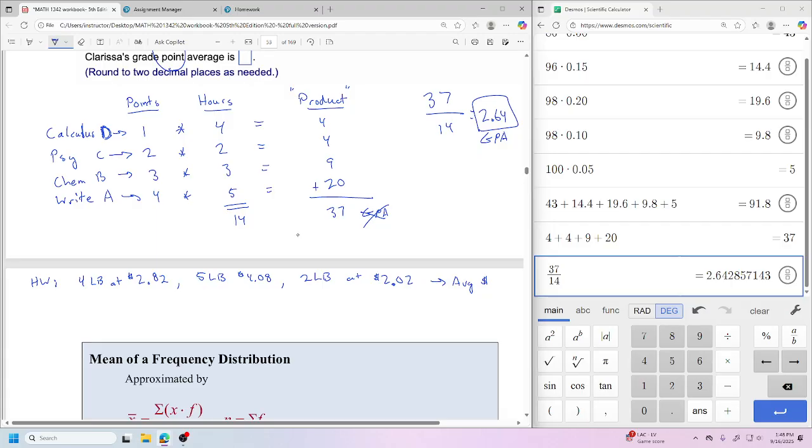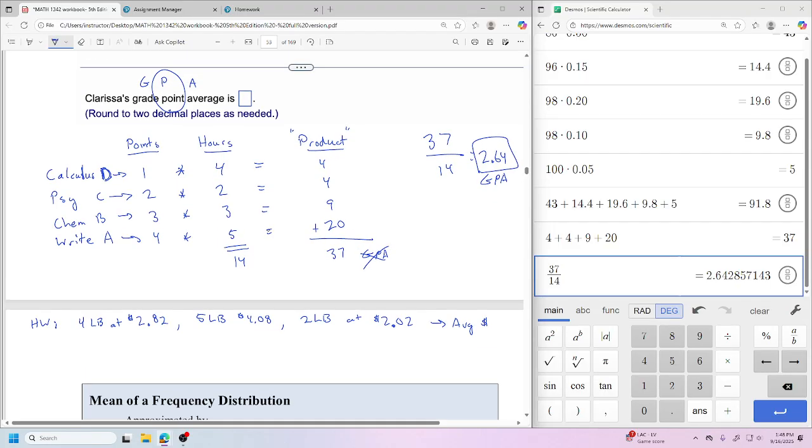Now, going back, remember how I said in the end, I want points. So what came first was points, yeah? Here, they want the average dollars. So what will come first is dollars. So I'm going to make a dollars column, and then I'm going to make a pounds column.